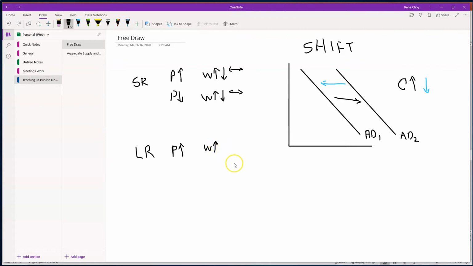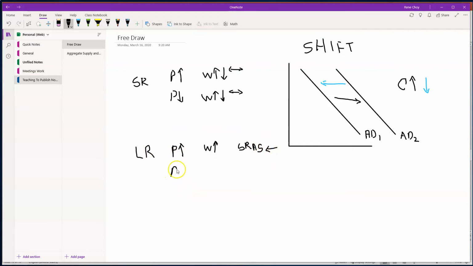Now, if this is true, we're going to have what we call a wage push in the long run. And then in the long run, the short-run aggregate supply will shift to the left because of that wage push. And that creates an economic cycle, and we'll talk about that towards the end.